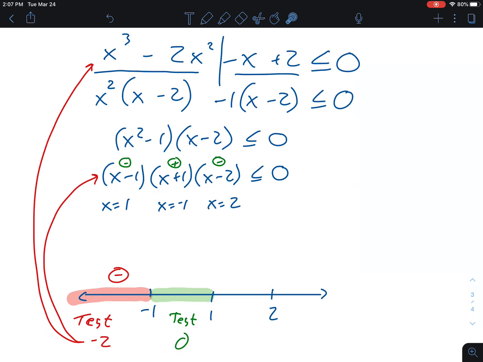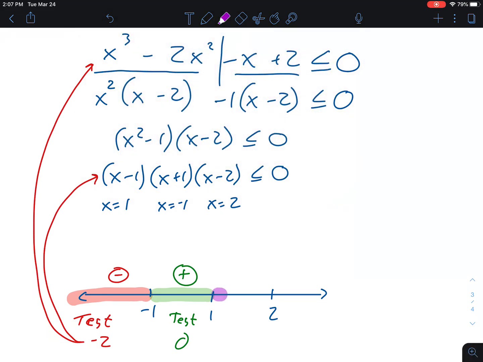Okay, so I plugged in a 0 for all three of these. Negative times positive times negative is going to become positive. So that interval of my number line is always going to be positive numbers. I could pick anything between -1 and 1, 0.5, 3/4, -1/2, but I'm picking an easy number. I'm going to pick the number 0.